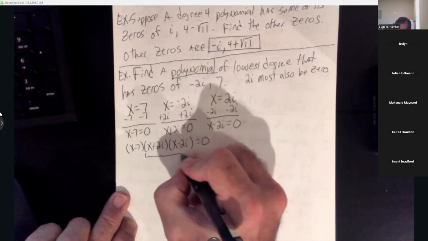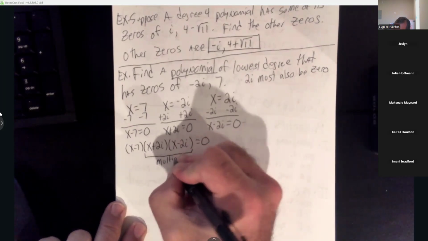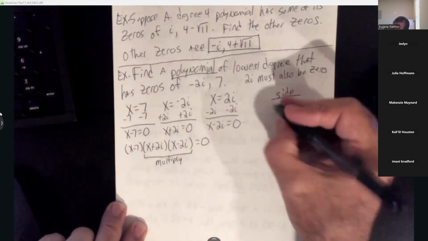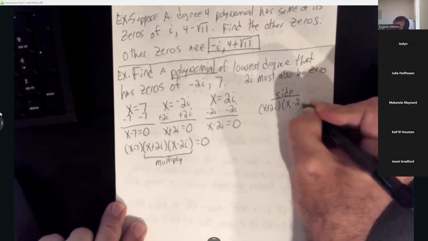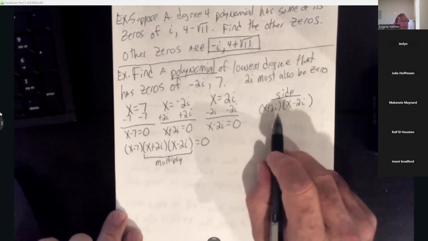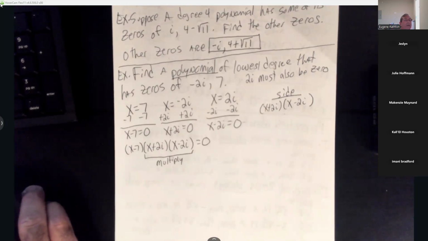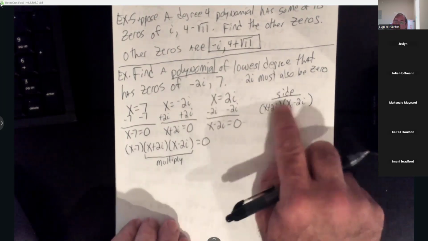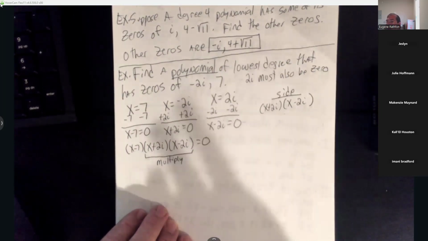And y'all, I'm going to start out by multiplying my imaginary. So on the side, I'm going to FOIL the x plus 2i times the x minus 2i. Now remember, when we're done with this, it will not have any imaginary stuff left because these are conjugate pairs and it cancels all the i stuff out.